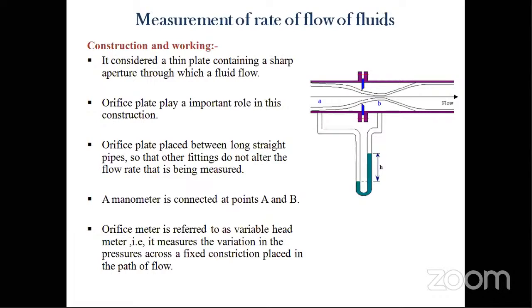The orifice meter measures the variation of velocities, and the manometer measures the variation of pressure. Whenever the velocity differs, the pressure differs, so the pressure difference is directly measured by the manometer.